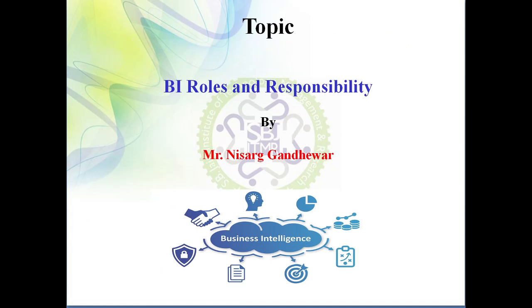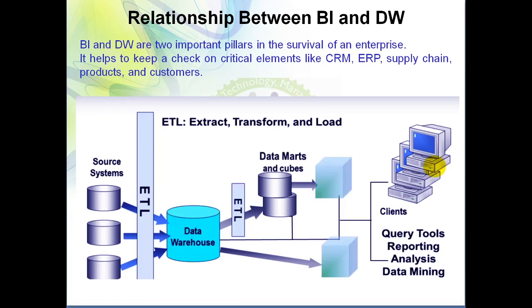And then finally we try to understand the relationship between BI and data warehouse. Here you can see this is again a similar kind of diagram which represents the relationship between BI and data warehouse. This is the BI part where we are visualizing our data with the help of various dashboards, diagrams, flow charts and graphs. And this is the ETL tool which tries to extract the data and store it in a data warehouse.